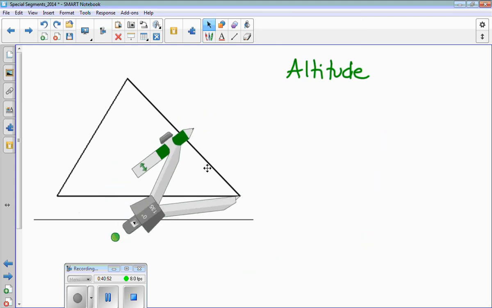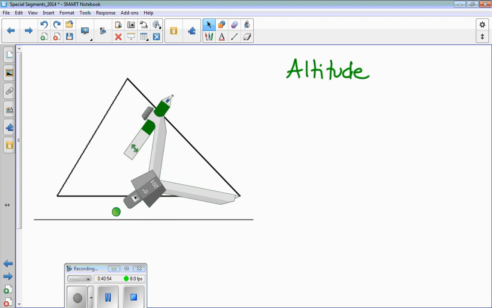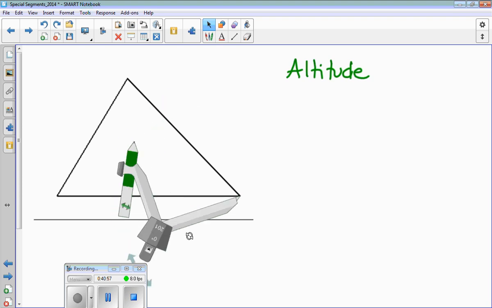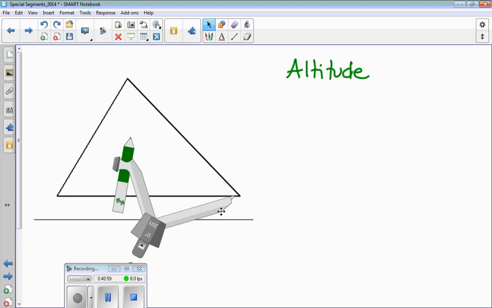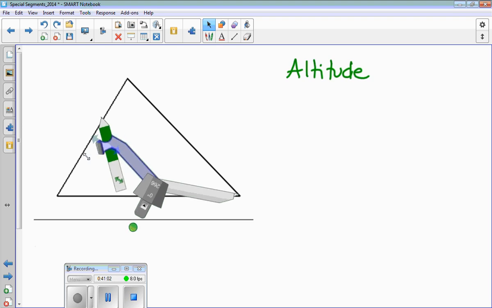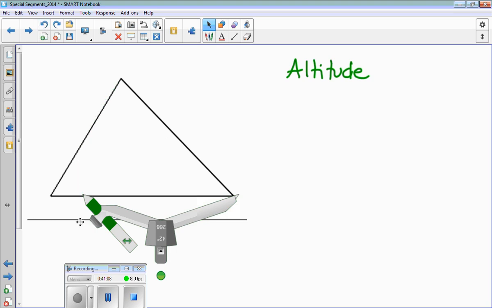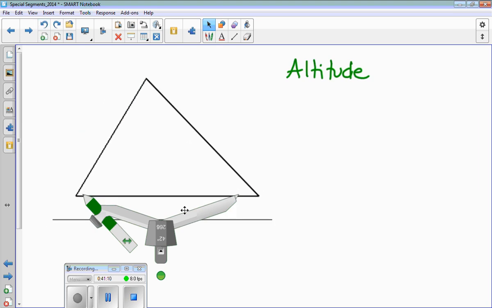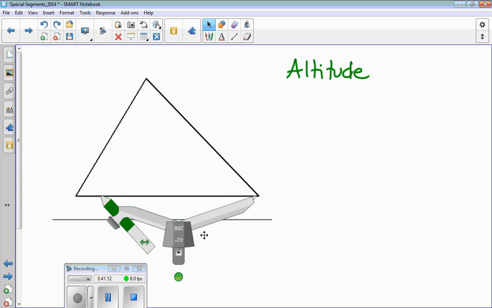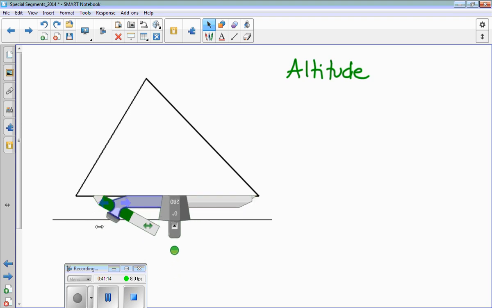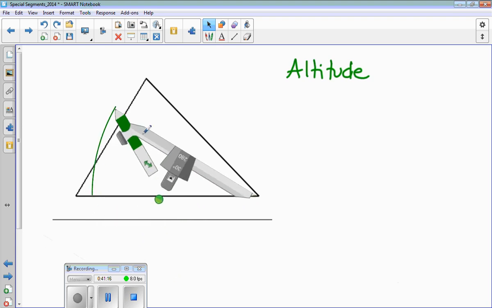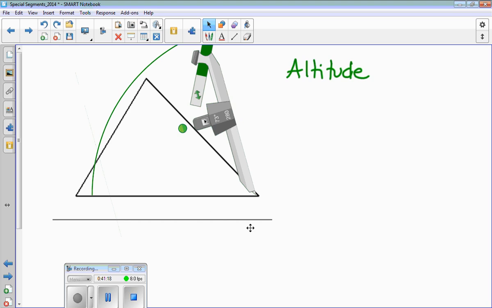I'm going to start by putting my point here, and I'm going to open my compass far enough. Let's see if I can get my compass to work. Mine might not work up here. There it goes. Hang on, I have to make it wide enough. You open your compass far enough so you're creating two points of intersection.